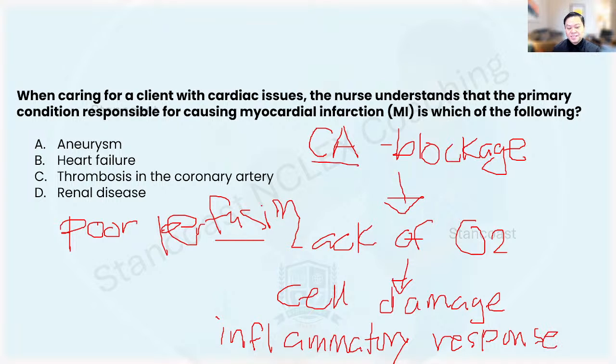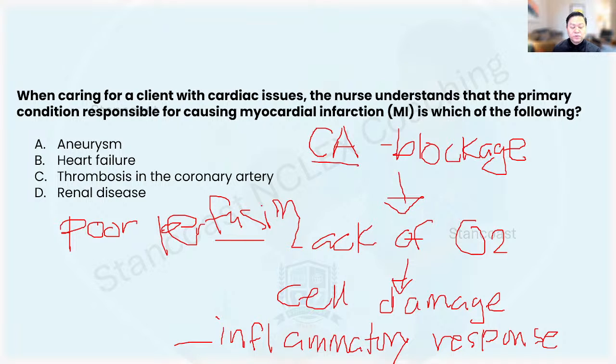When there is a rapidly evolving myocardial infarction, this is the critical time, guys, when you are taking care of a patient with an MI. During the first 24 to 48 hours, this is the time that you really need to keep an eye on this patient, because this is the time that they can develop life-threatening dysrhythmias. The MI itself, because of the myocardial infarction and necrosis, can lead into abnormal heart rhythms.